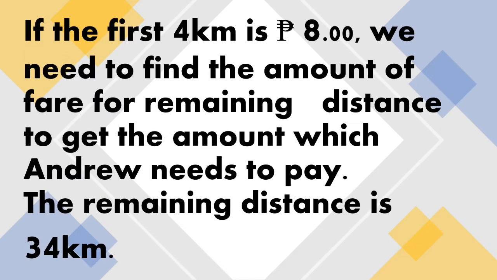If the first 4 kilometers is 8 pesos, we need to find the amount of fare for the remaining distance to get the amount which Andrew needs to pay. The remaining distance is 34 kilometers.